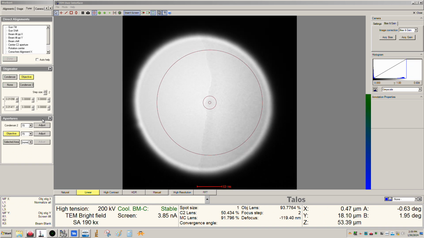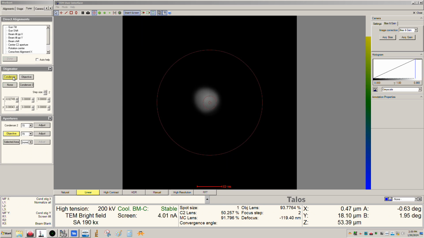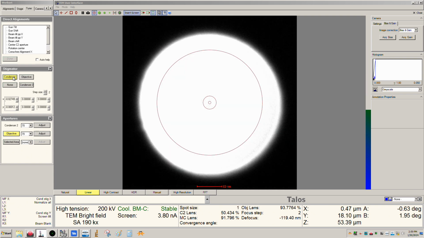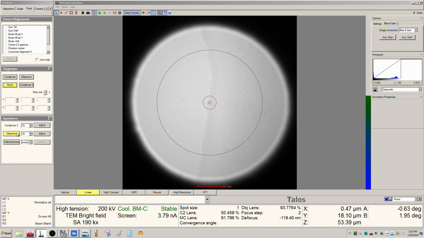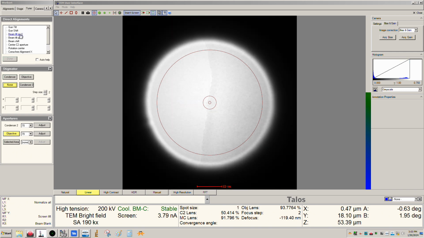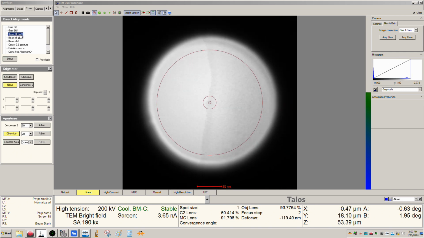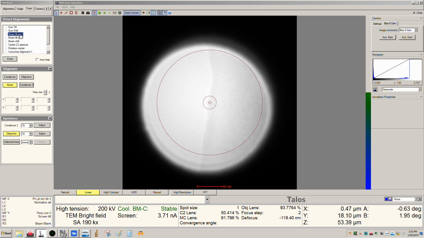I see some asymmetry in the beam, so let me go ahead and correct that. So we have a circular incident beam here. Okay, my pivot points are a little bit off here.